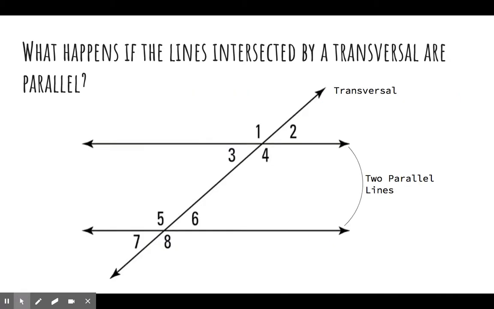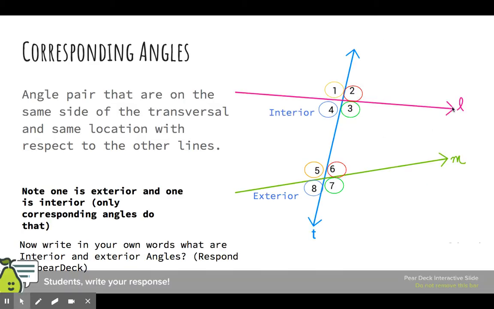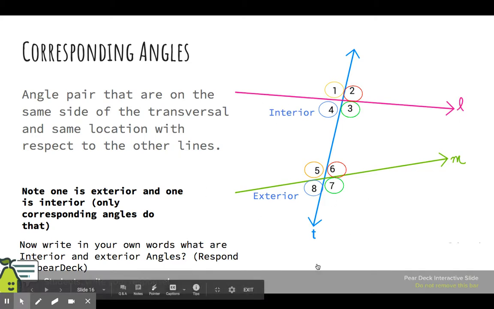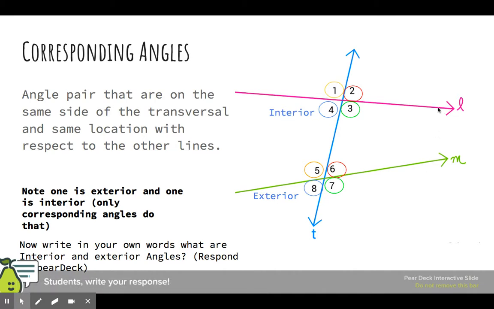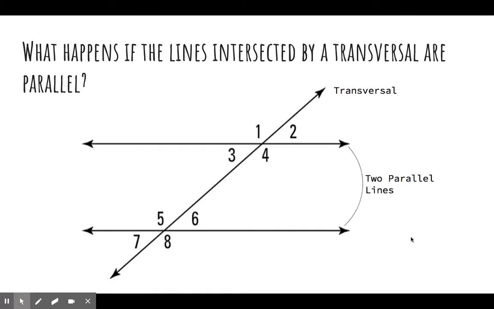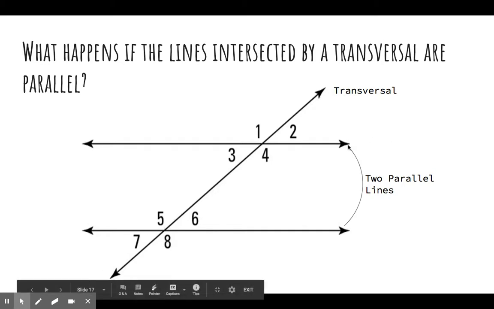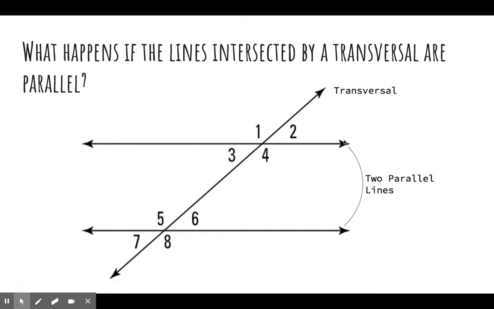Now, we were looking at a transversal, right? And other random lines going through the transversal, intersecting. What happens if these two lines here become parallel? So I would have a transversal, and these two lines that are intersected by the transversal have now become parallel.